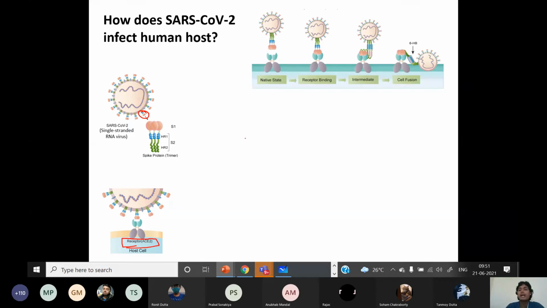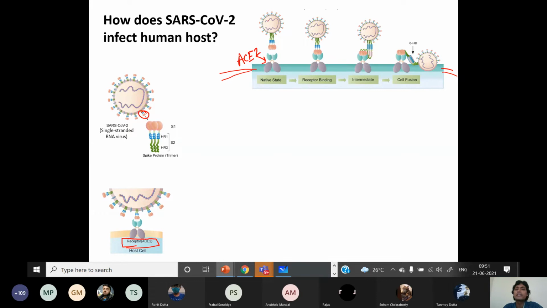I have taken this from a recent review article, most likely from this year. Here you can see the cell membrane, our host cell membrane, and on the cell membrane you have this protein called ACE2.